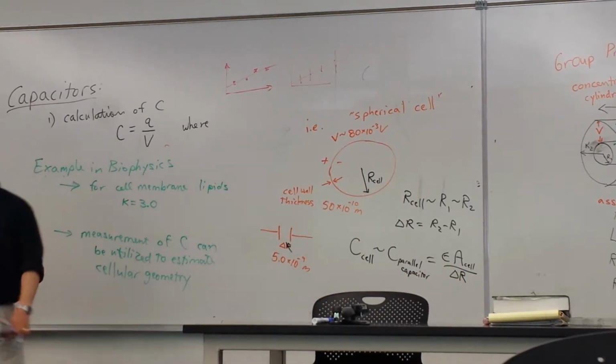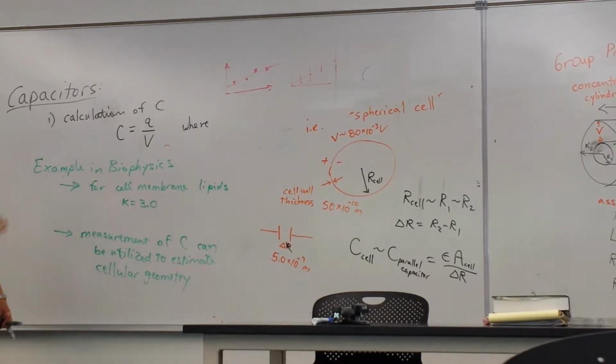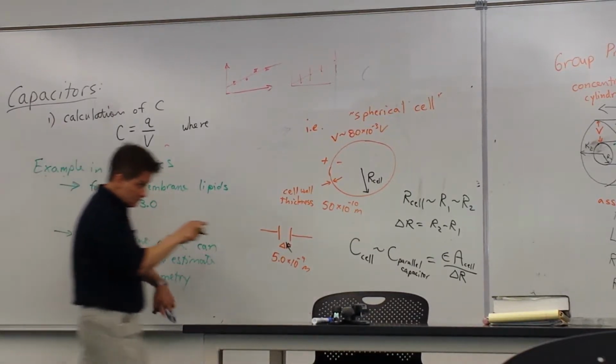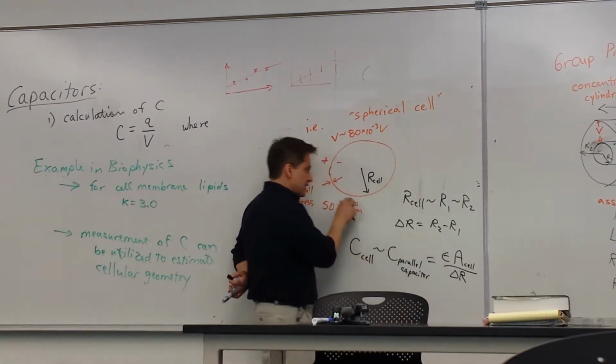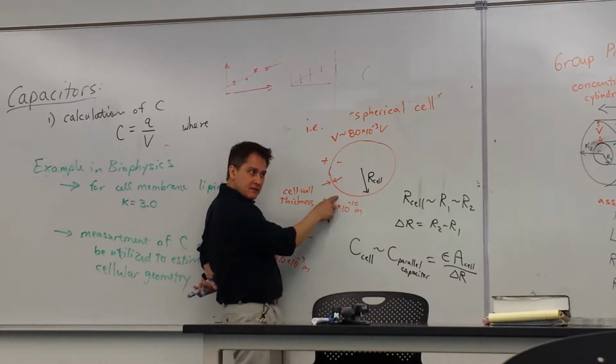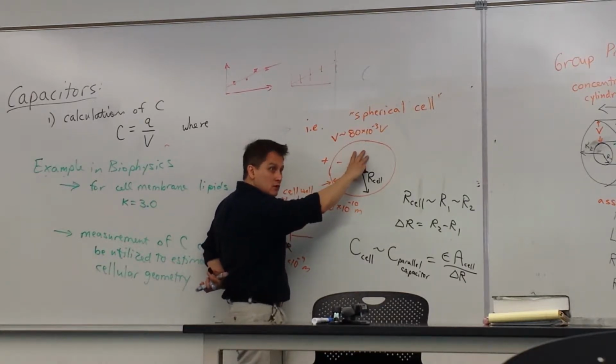I don't want to derive a spherical capacitor. It's the same process, I don't want to waste my time with it right now. But it reduces to this because of the relative thickness of this thing in the whole.